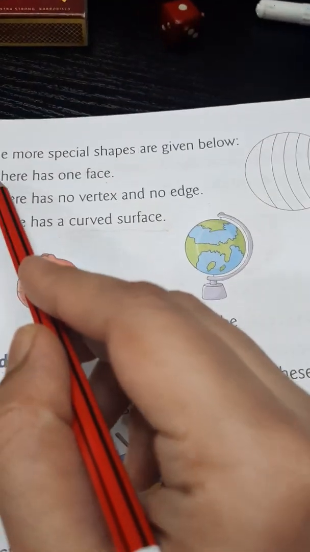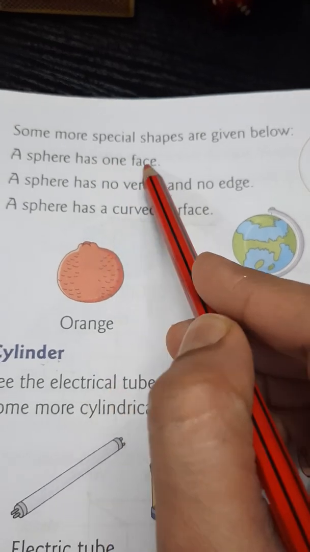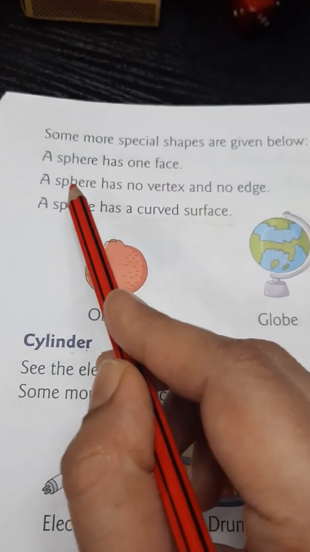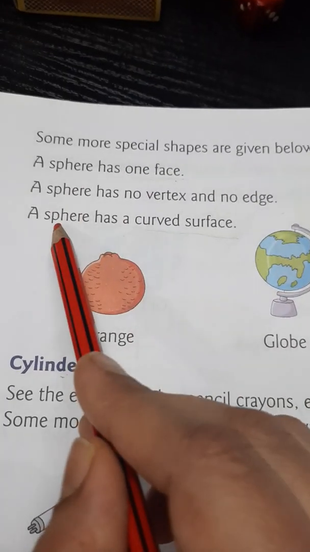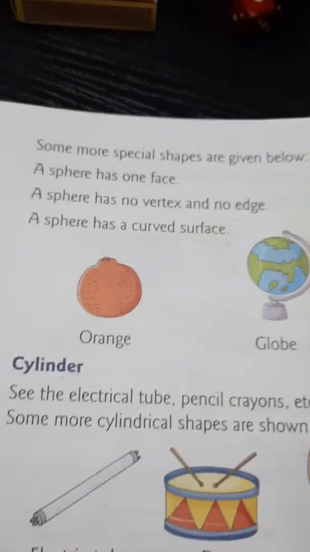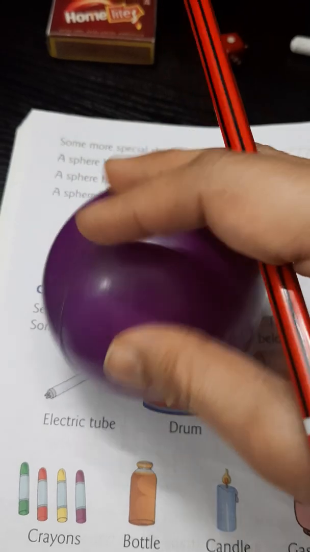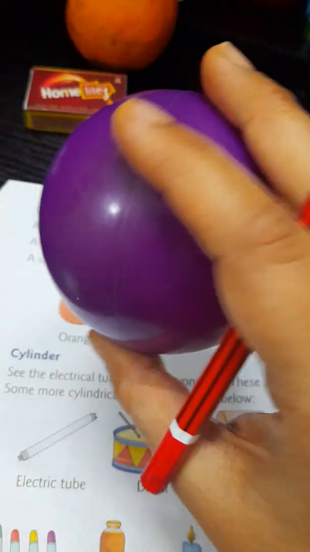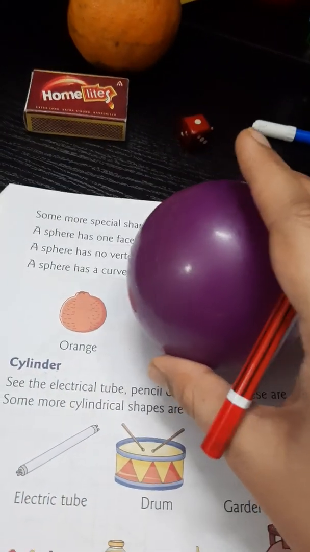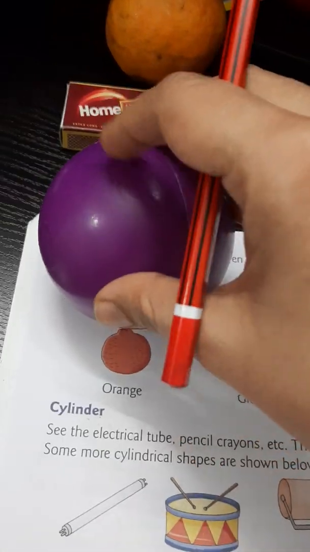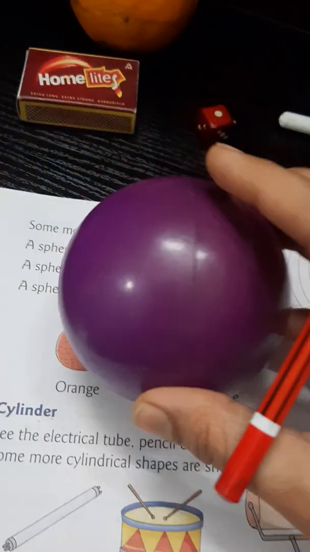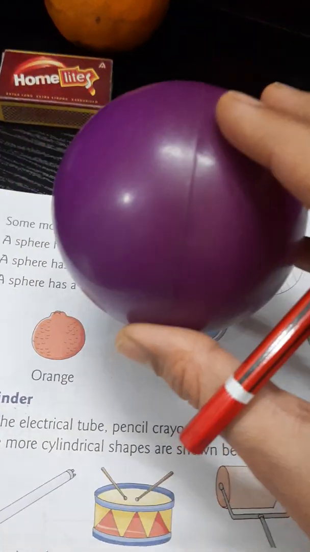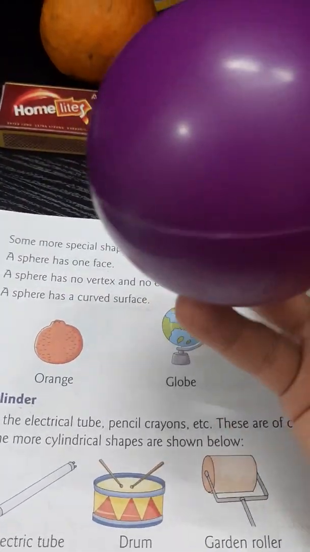Now a sphere has one face. One face. A sphere has no vertex and no edge. A sphere has a curved surface. See, this is the one face of a ball and it has a curved surface. You can see it has a curve in it. And now it has no vertex and no edges because it has no line segment, right?